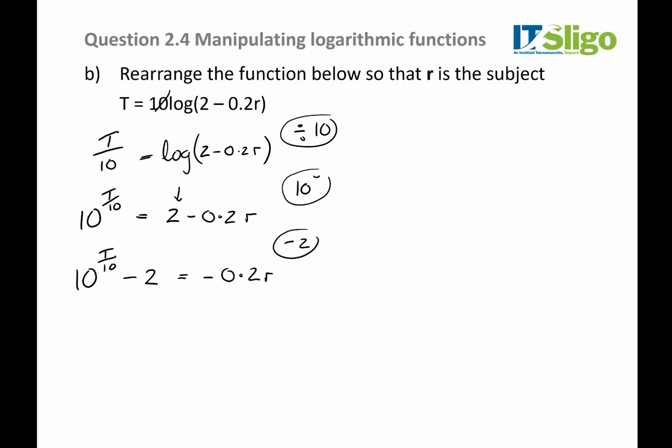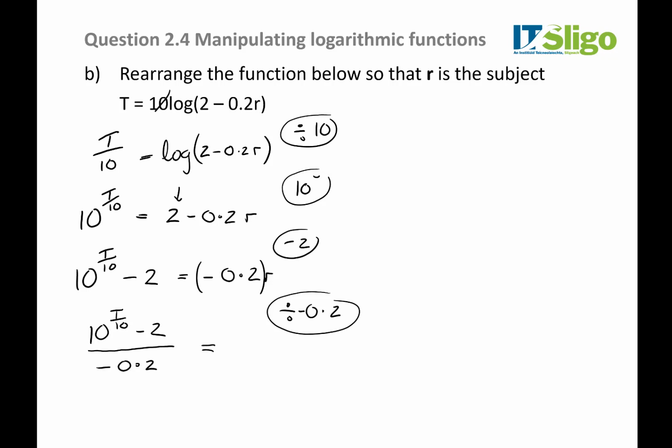And finally then, guys, I want to remove him. Like I said, you could just remove the minus first. But I'm going to get rid of the whole lot. All of that's joined on by multiplication, so I'm going to divide both sides by minus 0.2. So we're going to end up with 10 to the power of t over 10 minus 2 divided by minus 0.2 is equal to r.